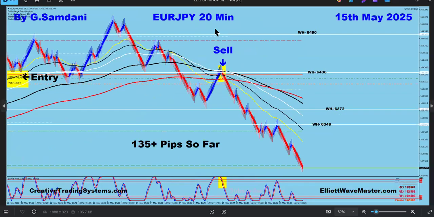That's a 20-minute entry. This was a 7-minute, but I got the 20-minute entry here, and then all 135 pips to the downside. If it's going to go to the upside, the first entry was the 7. If the 7 survives all the way, good; if not, cash out, then take the 20-minute entry and go to the upside. That's how it is, again and again. Rinse, repeat.